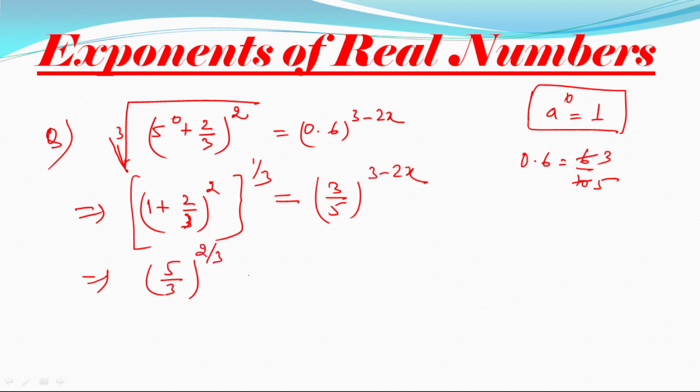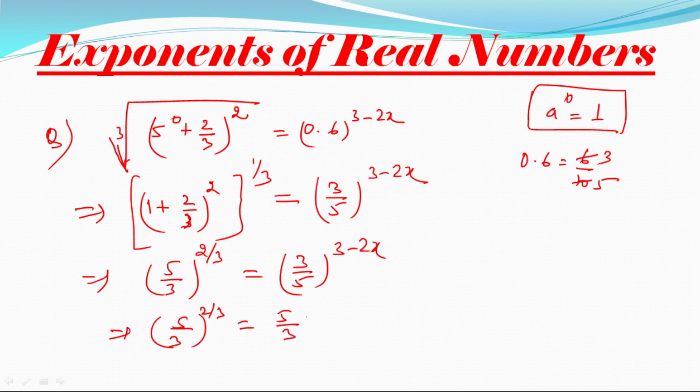So (5 by 3) to the power 2 by 3 is equal to 3 by 5 to the power (3 minus 2x). Further, (5 by 3) to the power 2 by 3 is equal to 5 by 3 to the power (2x minus 3), with minus 1 it will get multiplied. So it will become 2x minus 3.